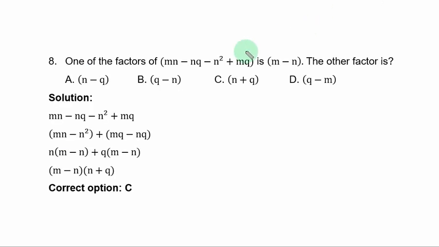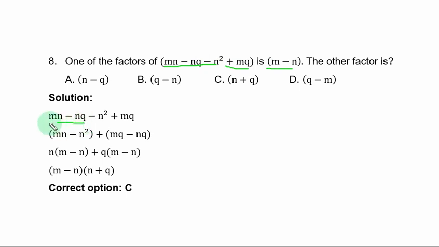Question 8. One of the factors of mn minus nq minus n squared plus mq is m minus n. The other factor is, you simply factorize by grouping. You take two terms with common factor as one group.